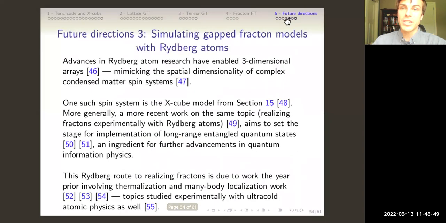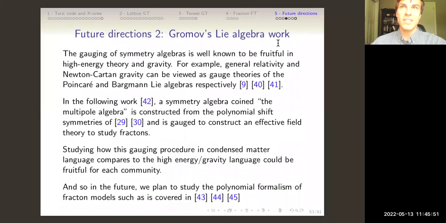The next future direction is really what inspired this work, actually. The gauge field picture of gravity was what I was working on years ago when I first discovered fractons, because it was cited in the particular paper I was working on, which was viewing gravity as a gauge theory from different symmetry algebras.